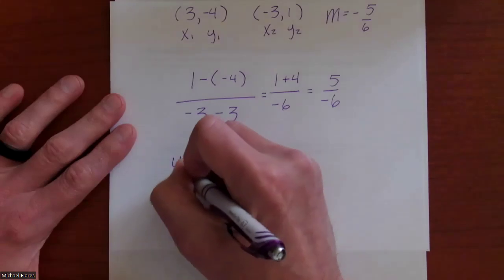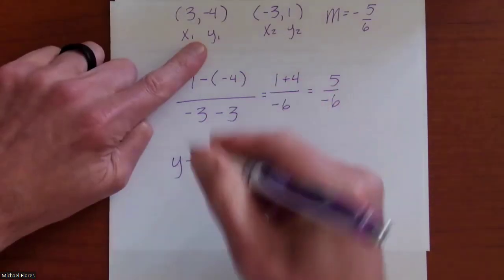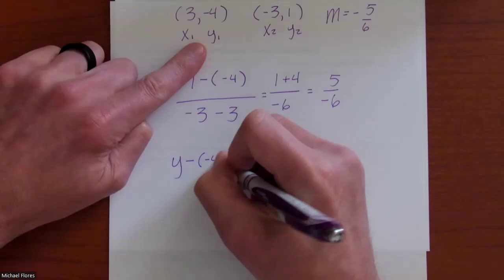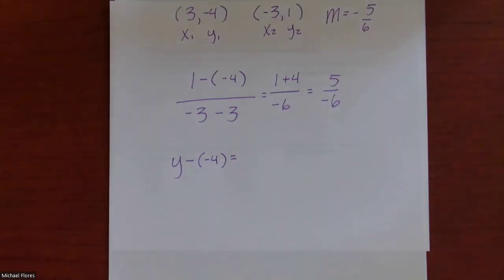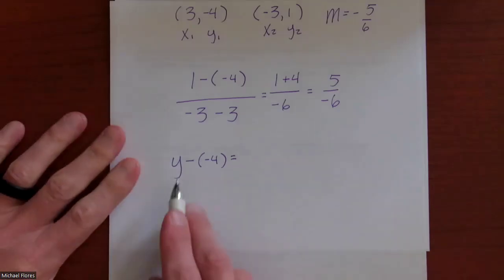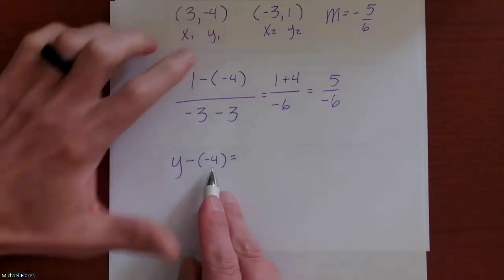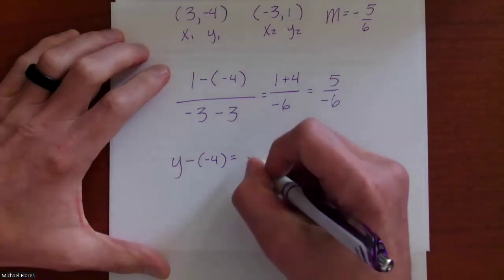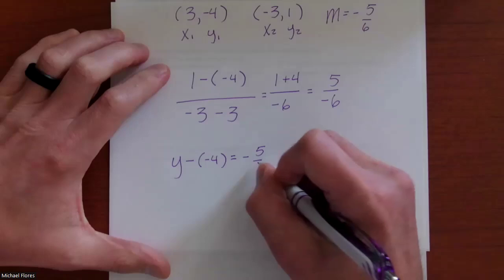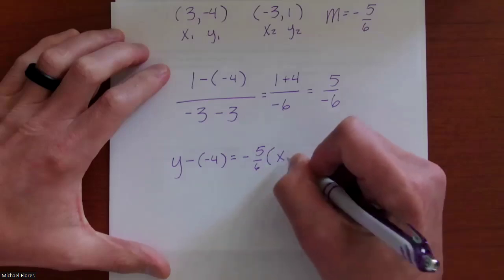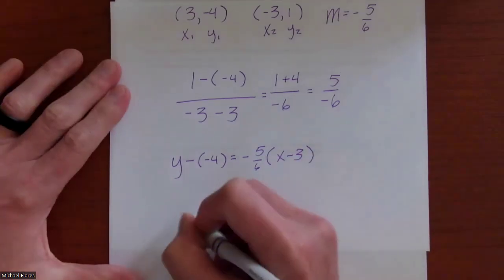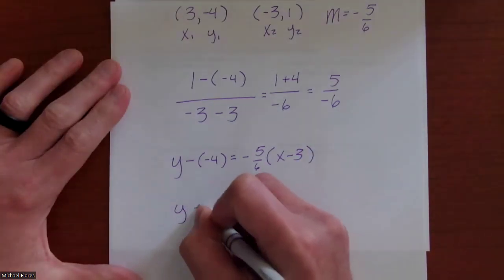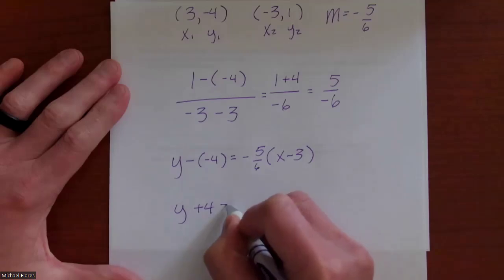Remember, that's y minus y1 is equal to m times x minus our x1. Let me start simplifying. Well, this is now y plus 4.